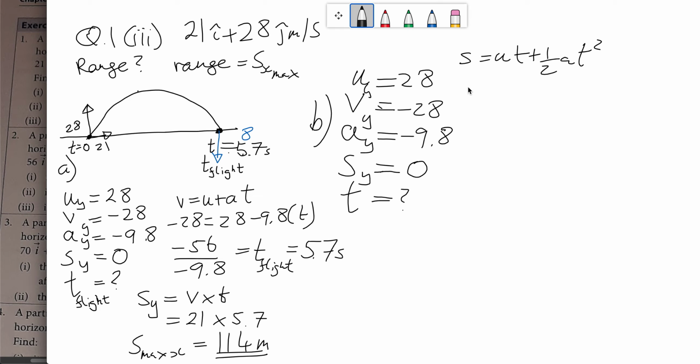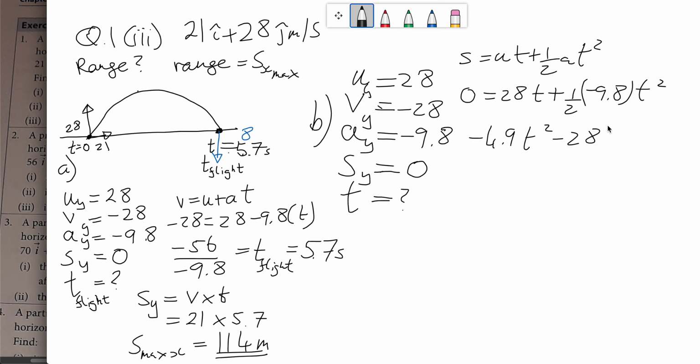So s is 0, u is 28t, plus a half of minus 9.8, and call that t squared. Right, so if I tidy this equation up, I get minus 4.9 t squared plus 28t equals 0.